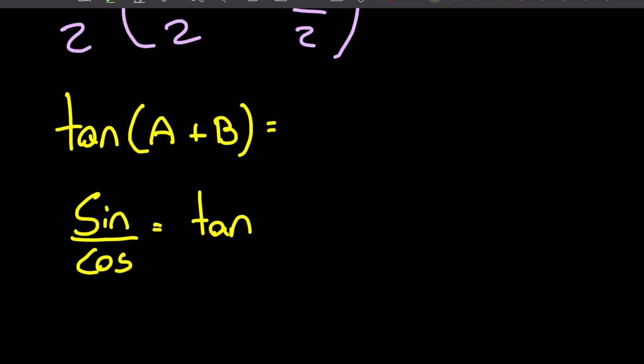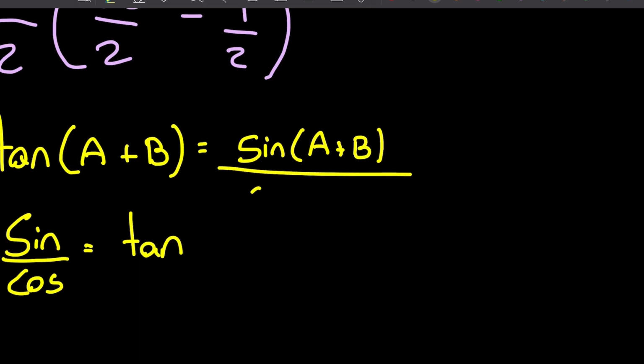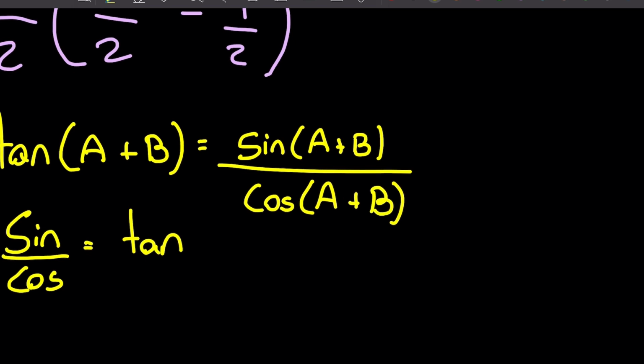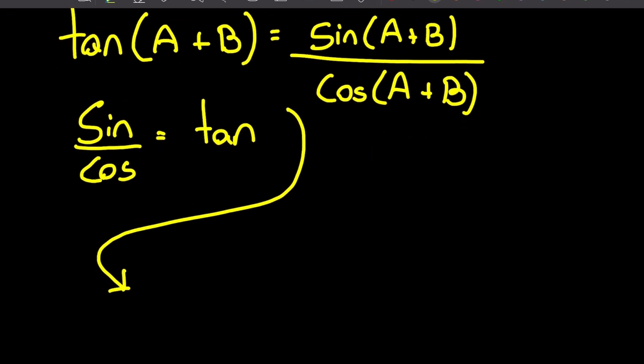So this tan A plus B is going to be the same as sine A plus B over cos A plus B. Okay? Now, we're going to take this and work with it a little bit more. So we can expand sine A plus B using the expansion formula.